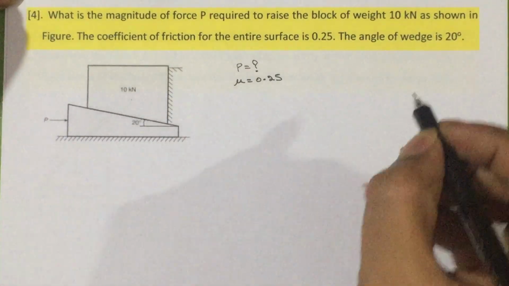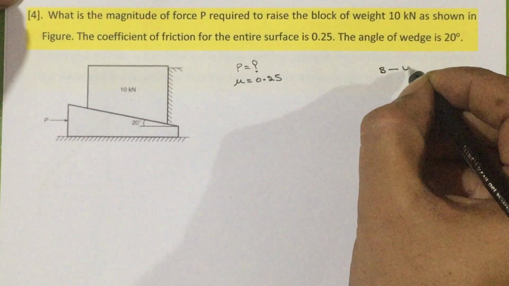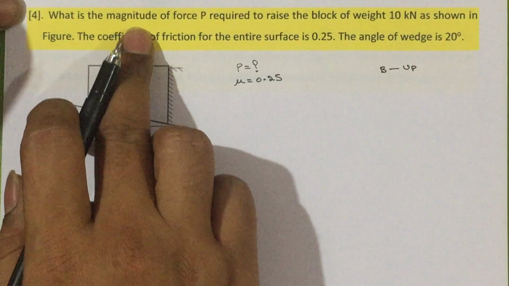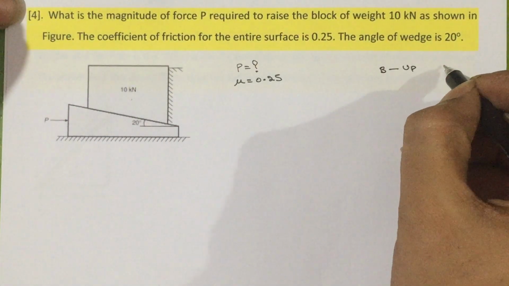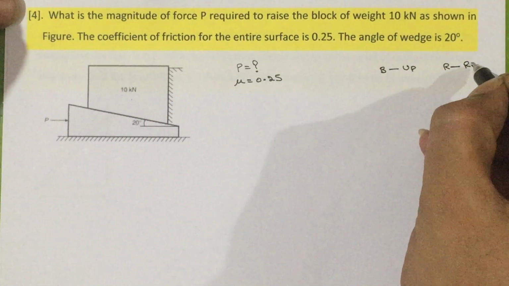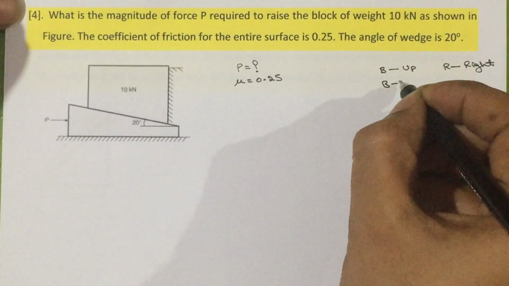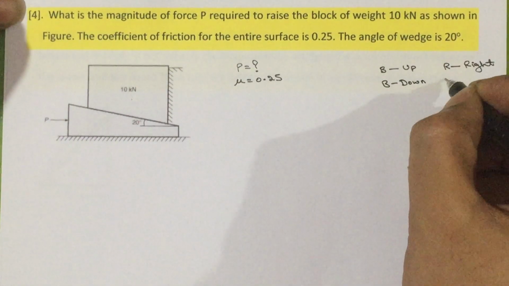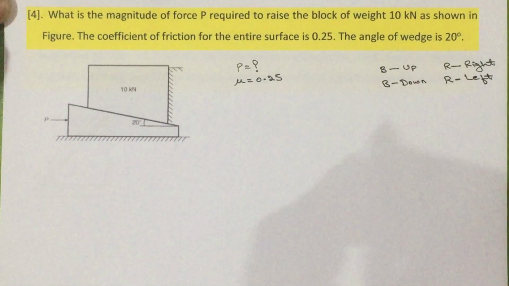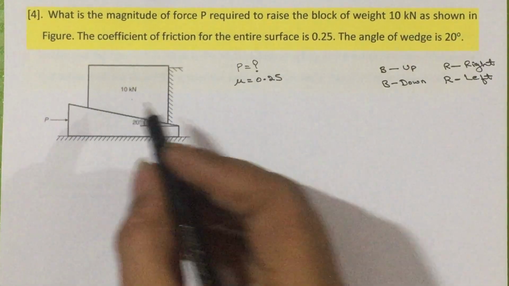In case of the block, if the block is moving upward, then a reaction force will act in the right quadrant. If the block is moving downward, then the reaction force will act in the left quadrant.